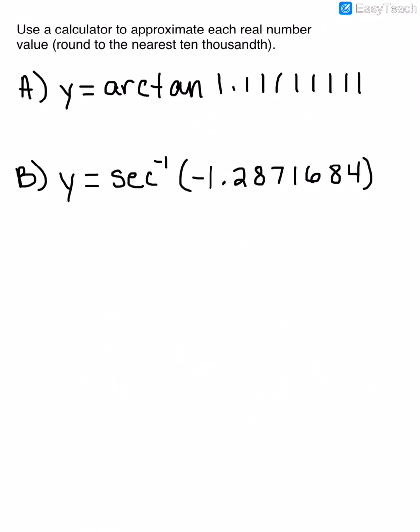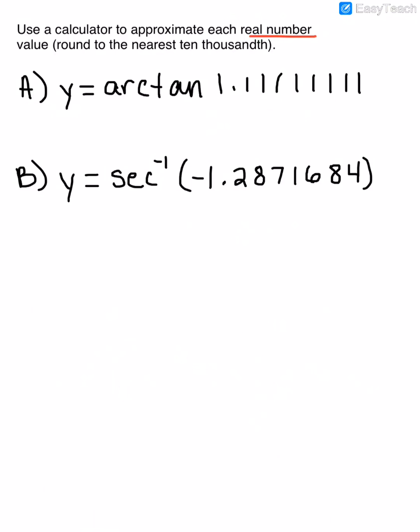Alright, this says use a calculator to approximate each real number value. That statement, plus the fact that it's y and not theta, tells us that we need to change our calculator to radians and not degrees. And we know that arctangent means the same thing as tangent inverse.